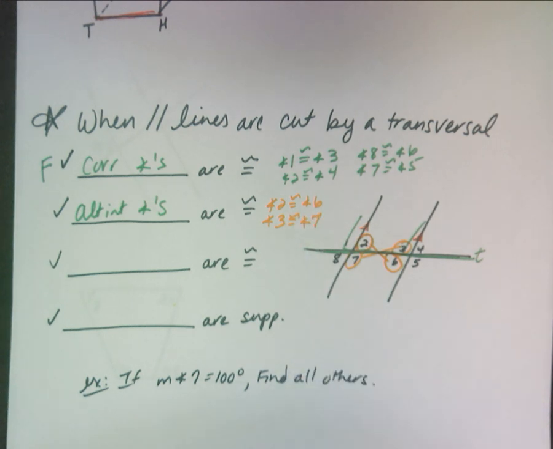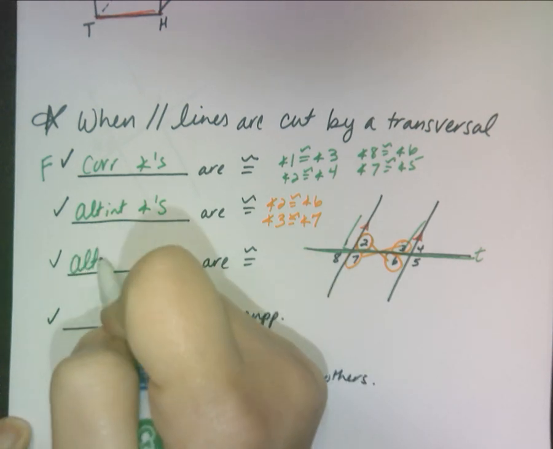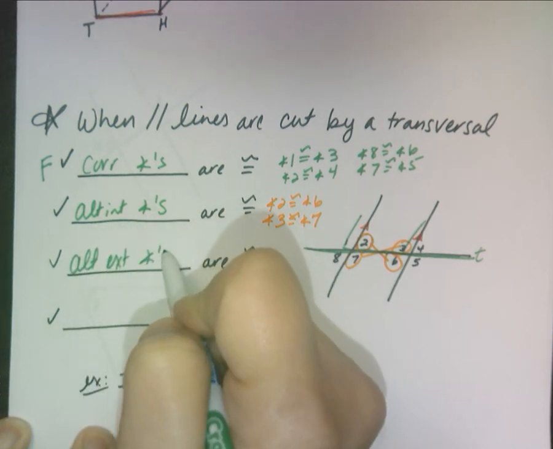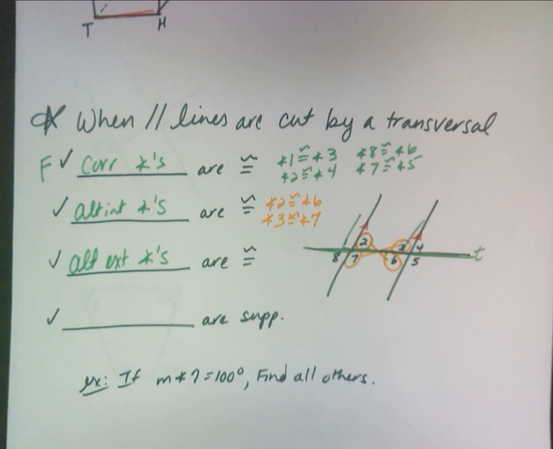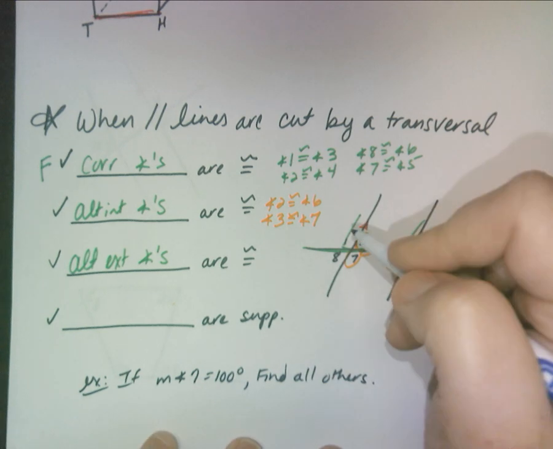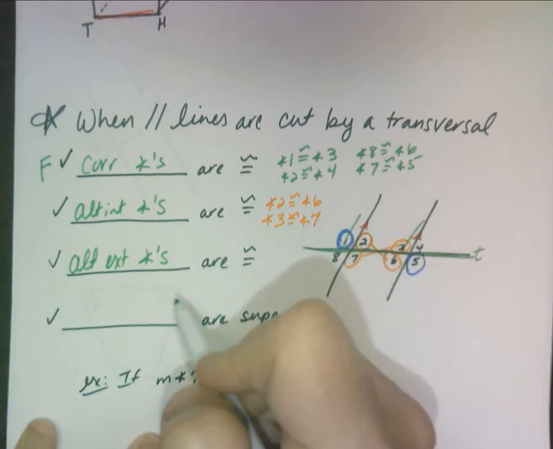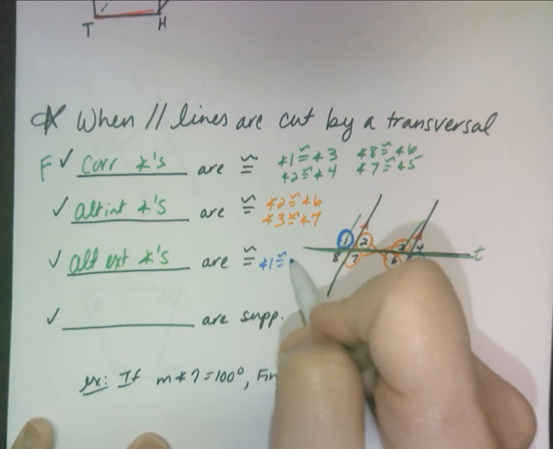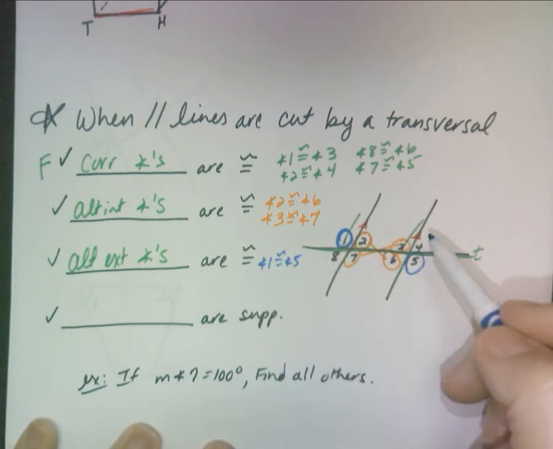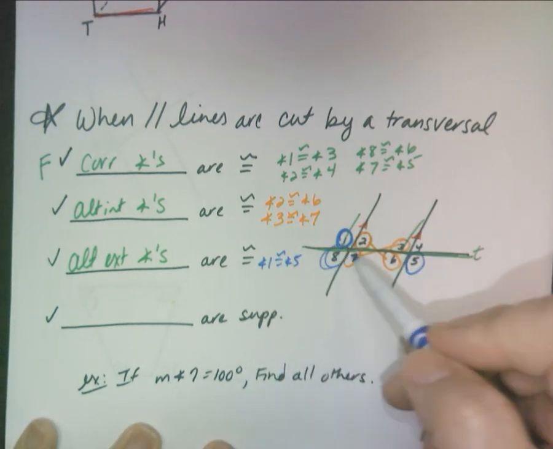Not only that, the alternating exteriors are congruent. Alternating exterior angles are congruent. So let's look for those. What would those be? That would be 1 exterior with 5. And then obviously 4 and 8.